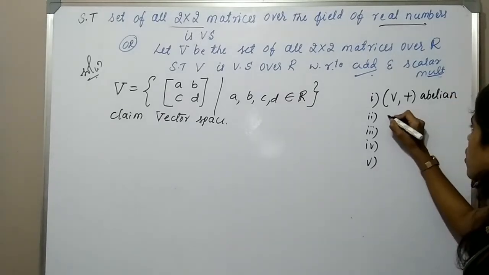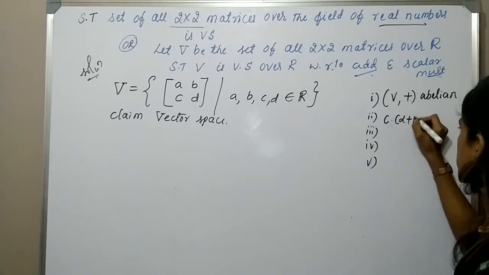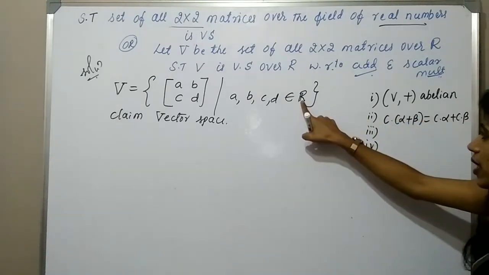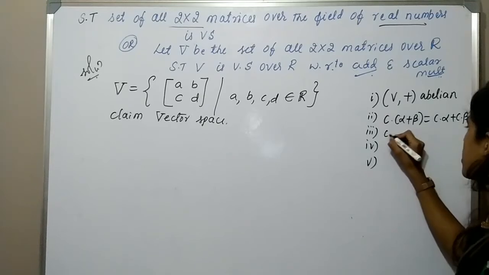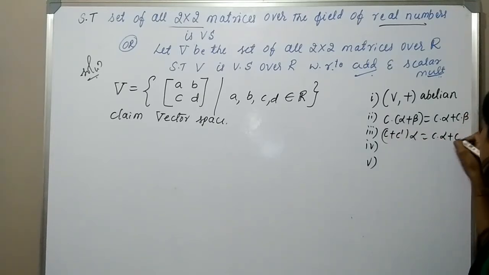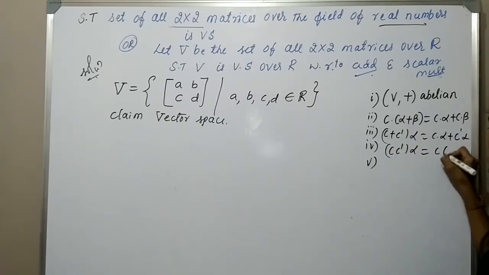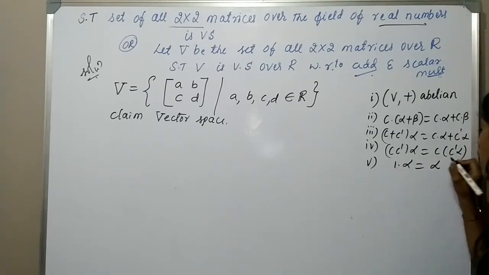Second, c dot (alpha plus beta) equals c dot alpha plus c dot beta, where c belongs to the real numbers, that is the field, and alpha and beta belong to the vector space V. Next, (c plus c dash) into alpha is equal to c dot alpha plus c dash alpha. Then (c c dash) alpha is equal to c into (c dash alpha). Last one, 1 dot alpha is equal to alpha.